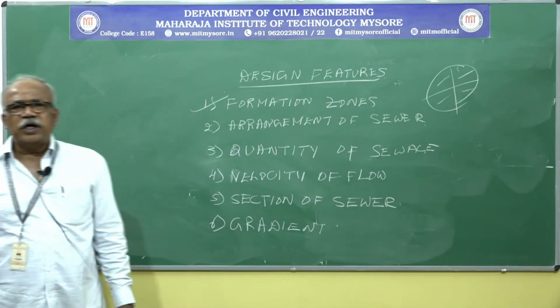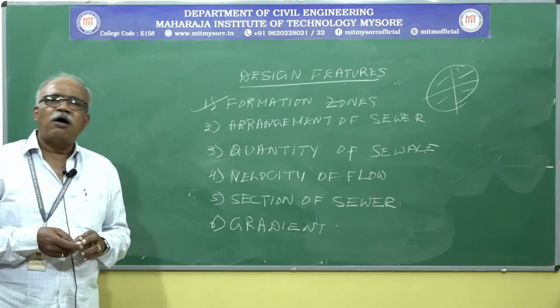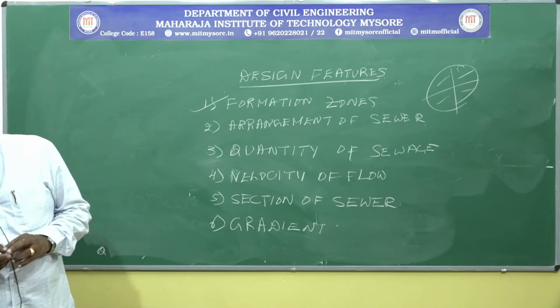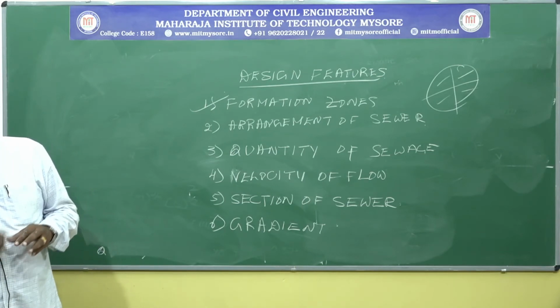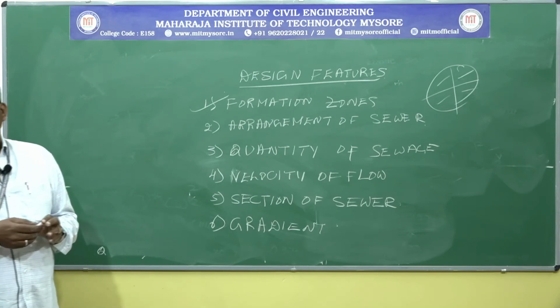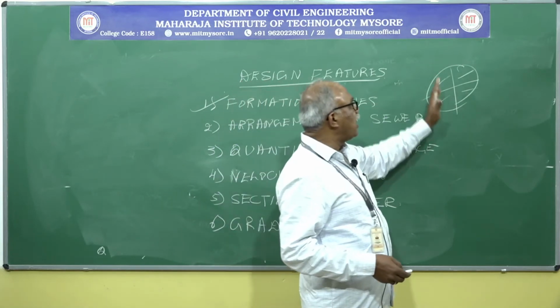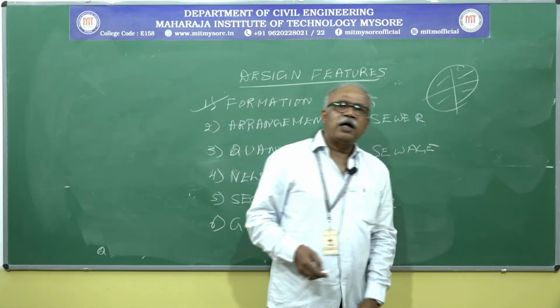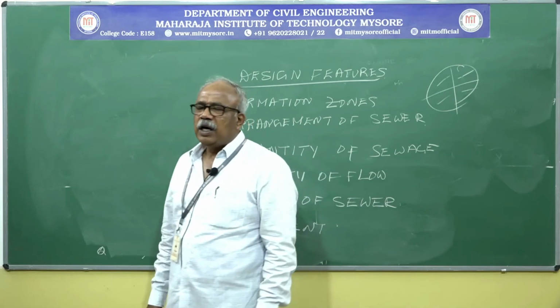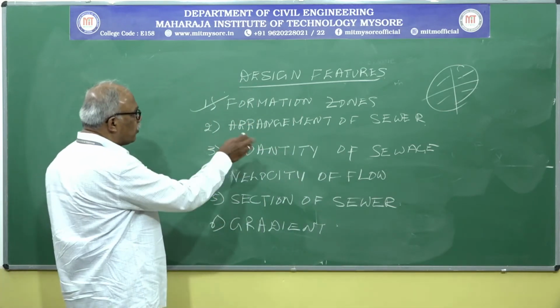Then only can we achieve self-cleaning velocity or non-scouring velocity. The layouts have to be properly studied for the location of sewers, to decide where exactly to provide the sewer lines to achieve the minimum and maximum velocity. That is the formation of zones.